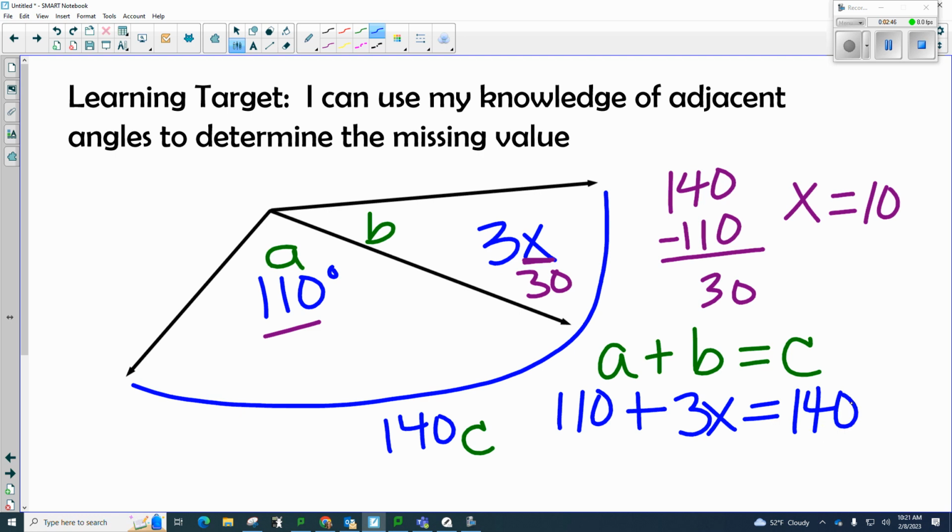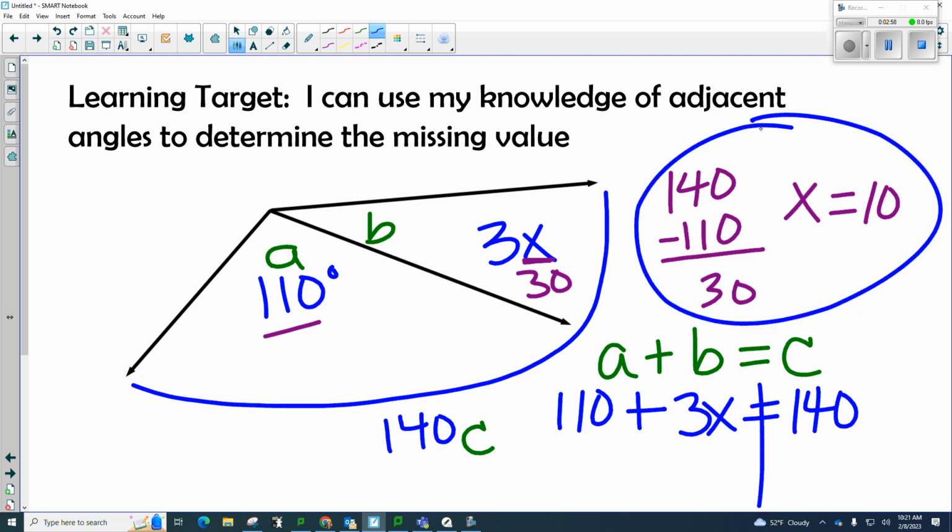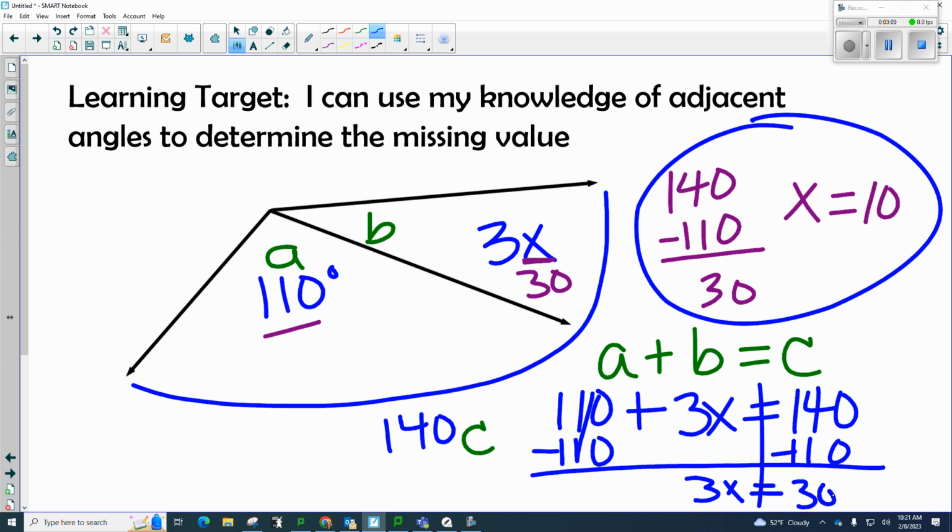Okay, so what we just did here was we wrote an equation. And now we're going to solve the equation for x, if you remember doing that before. And it follows the exact same procedure that we did up here. Okay, first we're going to subtract the 110 from both sides. We end up with 3x equals 30.